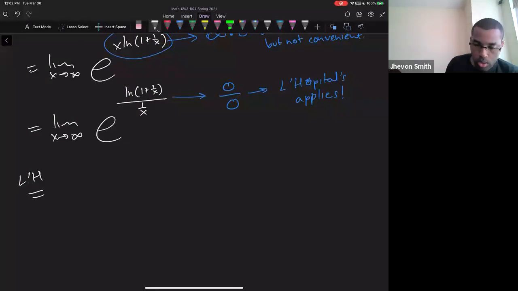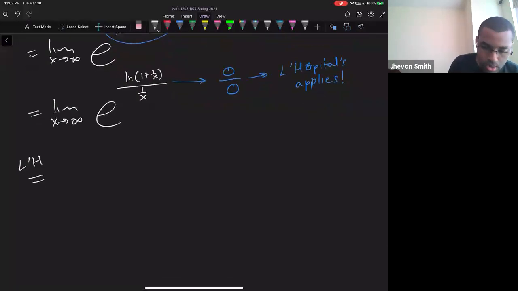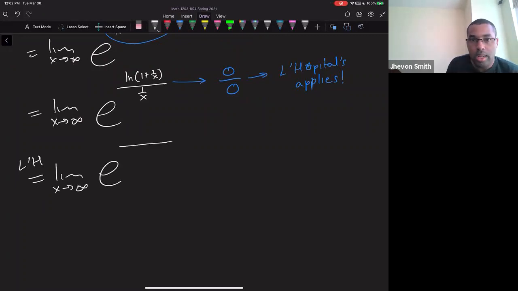So what I would have now is the limit as x approaches infinity of e to the... derivative of ln of that thing is 1 over that thing times the derivative of that thing, u prime over u, minus 1 over x squared.